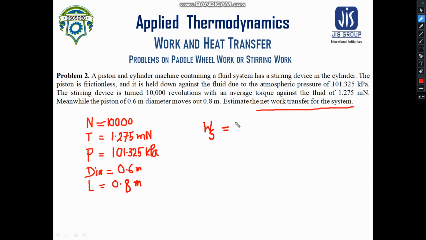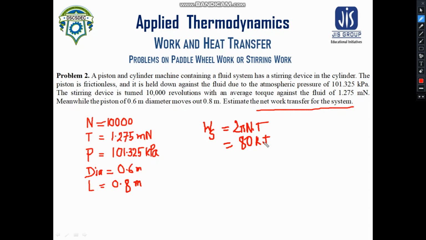So we shall write 2 pi n into t. Okay, so n is given as 10,000, t is 1.275 meganewtons, and ultimately you will find the result will be 80 kilojoules.